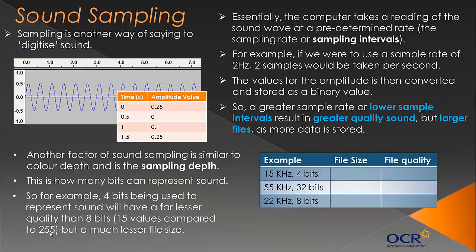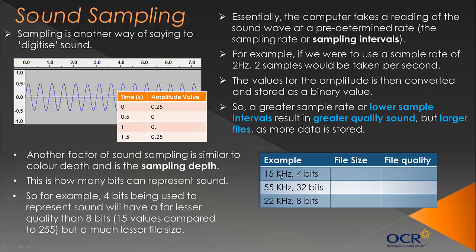So to wrap it up slightly, you may be given an example. Again, if I was an examiner, this is the sort of question I'd put in. If we had 3 examples here and it asked you to list them 1 to 3, with 1 being the greatest file size and 3 being the least great file size and file quality, this is the sort of thing I would do.